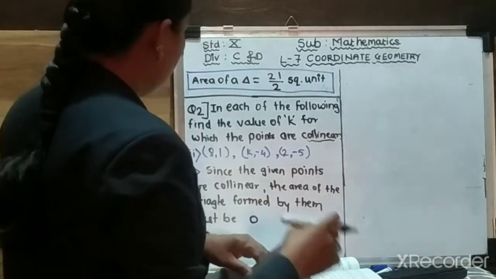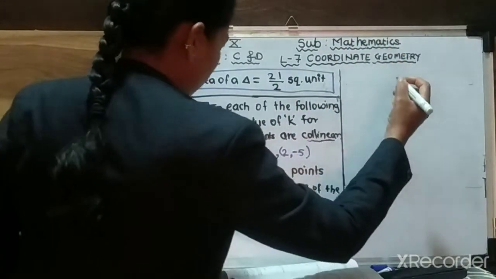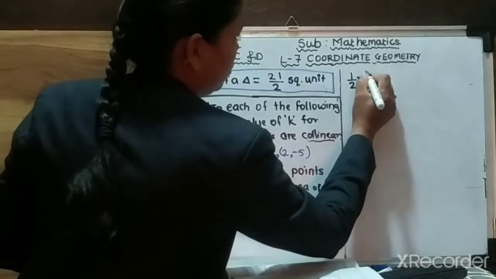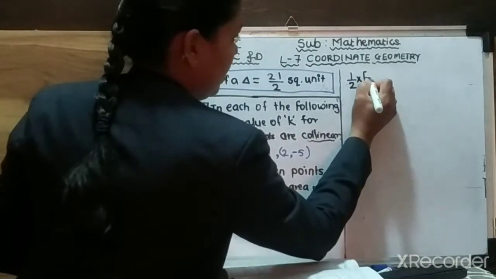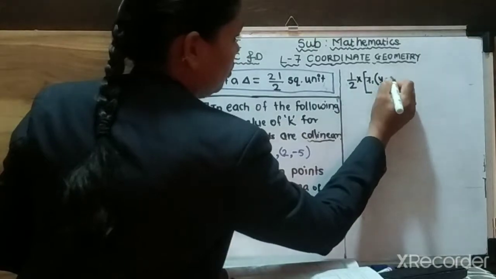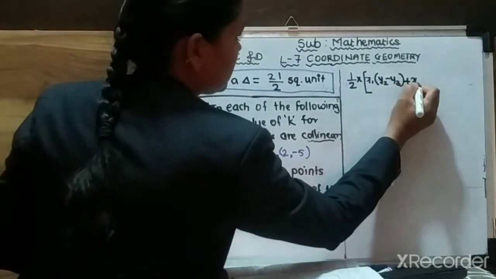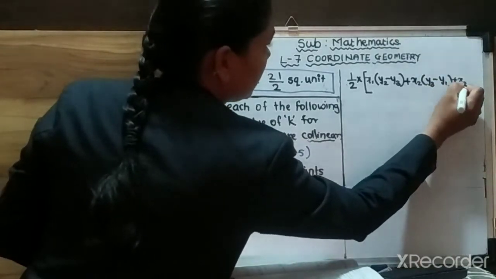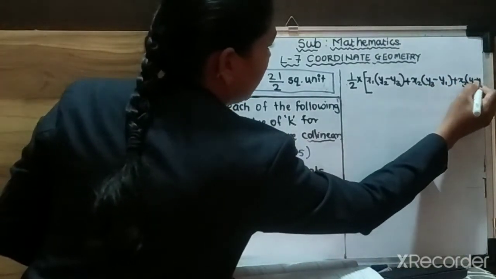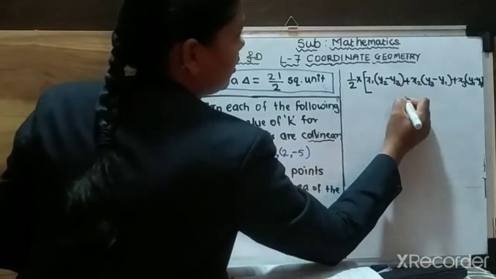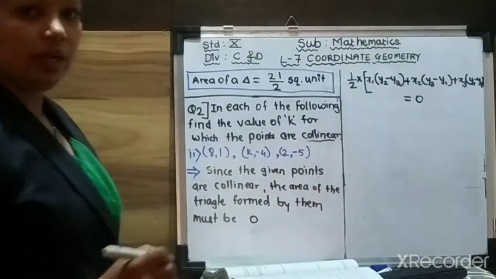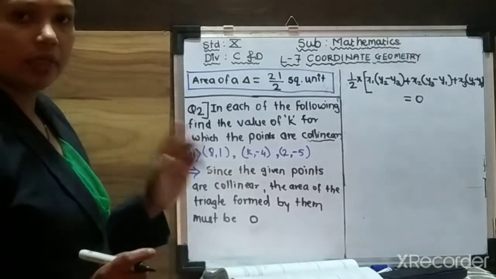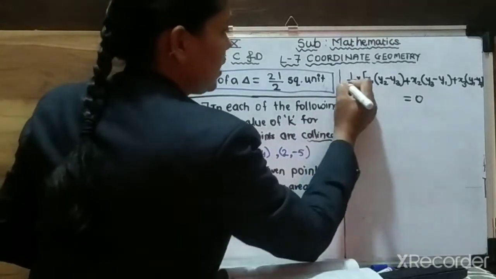We will write, so we'll write here half into, first write it down that formula, x1 (y2 minus y3) plus x2 (y3 minus y1) plus x3 (y1 minus y2), which is equal to 0, right? This equals to 0. Why? Because the points are collinear, that's why.